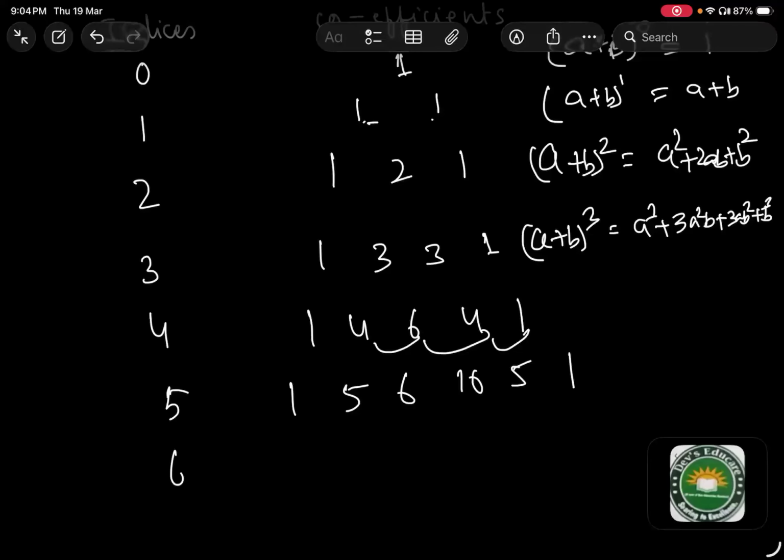And for power 6, 1, 6, and here I think we have made a mistake: 1 plus 5, 6, 5 plus 10, 15, 10 plus 10, 20, 10 plus 5, 15, and 6, and then 1 this way.